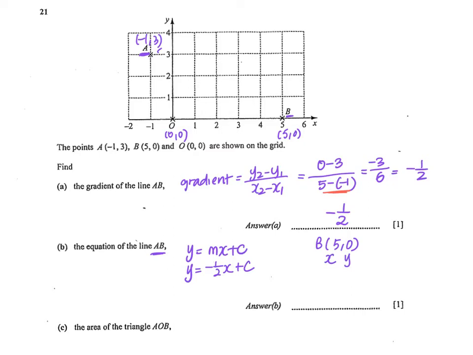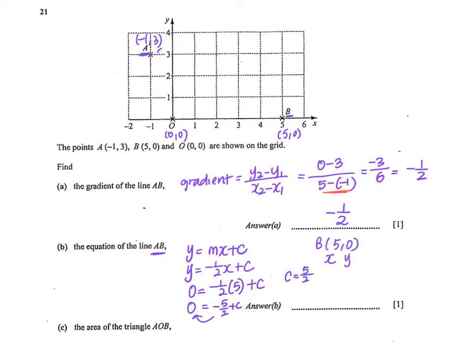So this will be 0 equals negative half times 5 plus c. And this is negative 5 over 2. How to get c only? Bring over negative 5 over 2, it will become positive 5 over 2. So we know that c equals 5 over 2.